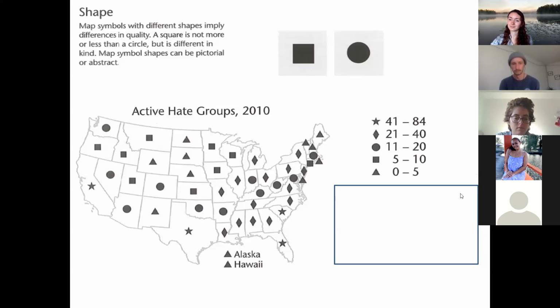Because on the East Coast, the symbols are really bunched together, so it's kind of hard to indicate. Yeah, absolutely.